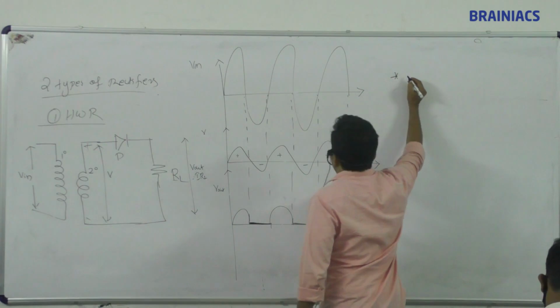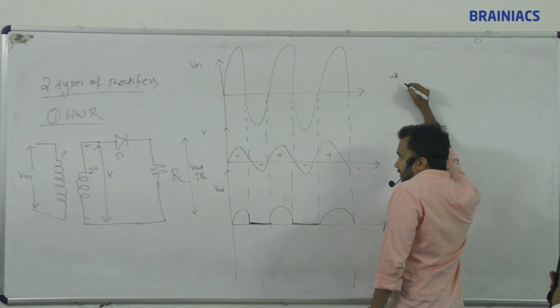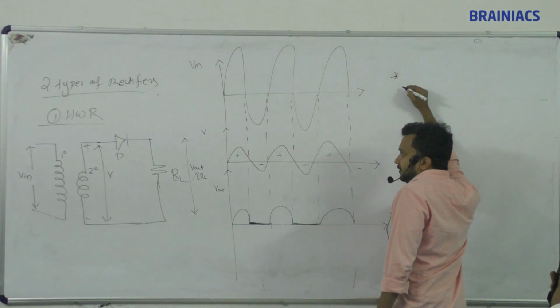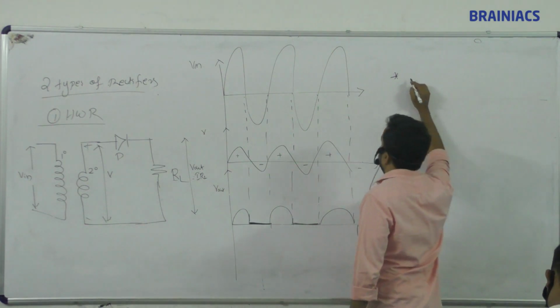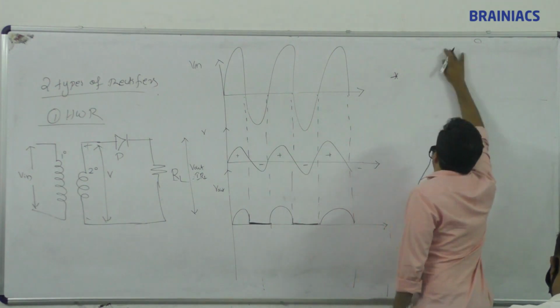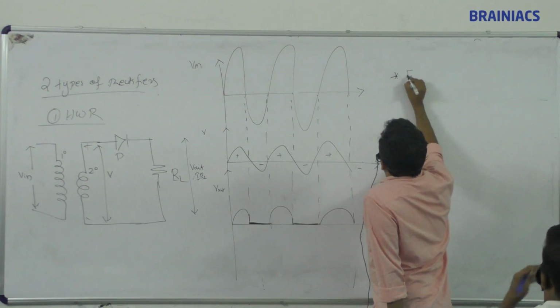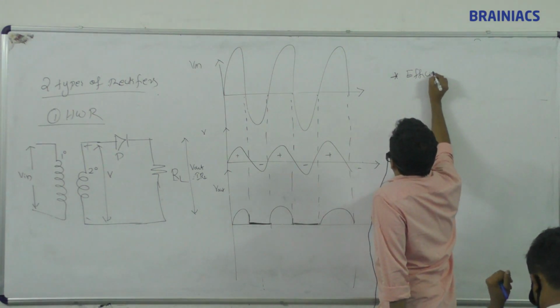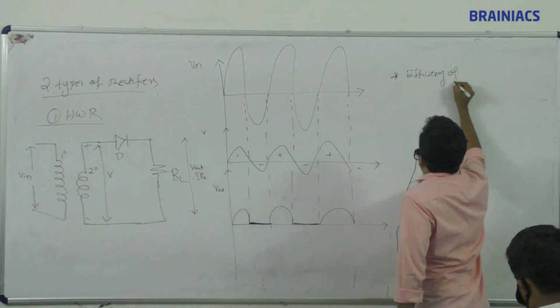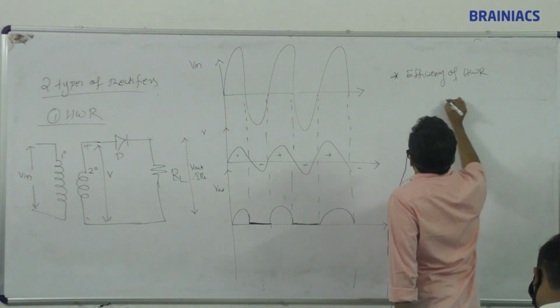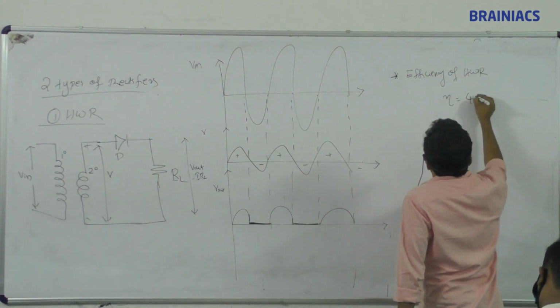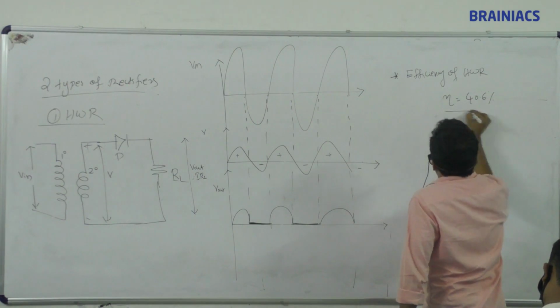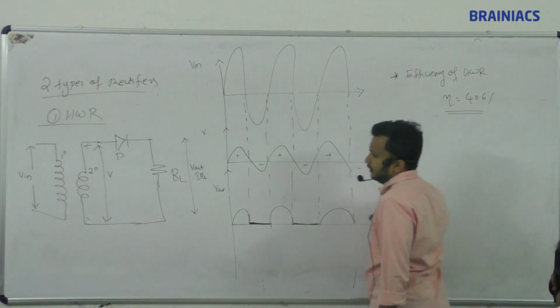Just one additional point, there are many terms related to the half wave rectifier, peak inverse voltage, RMS voltage, but these are not required for NEET. One point is required, the efficiency of the half wave rectifier, eta equal to 40.6%. This comes through a derivation, so you don't need to learn the derivation.